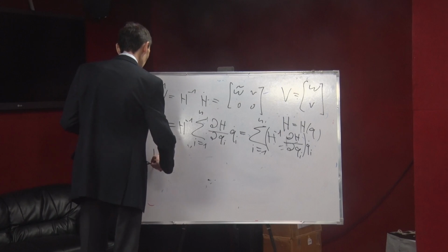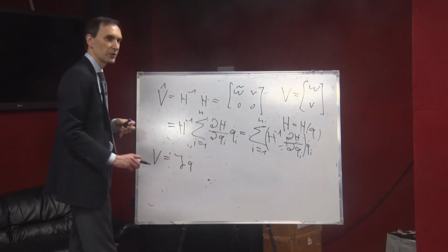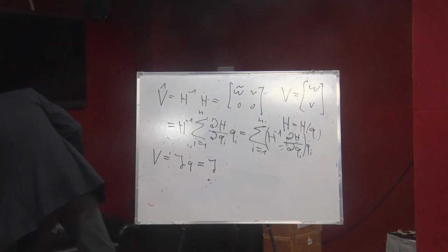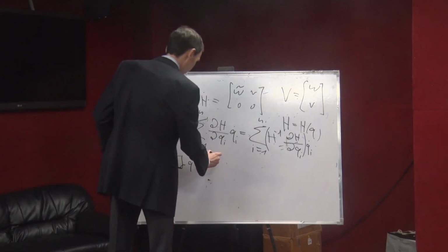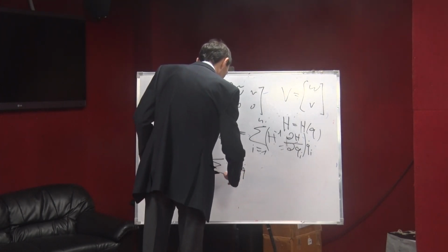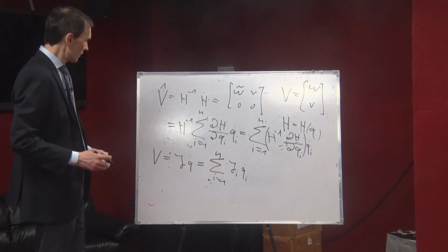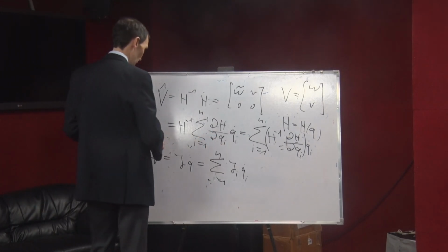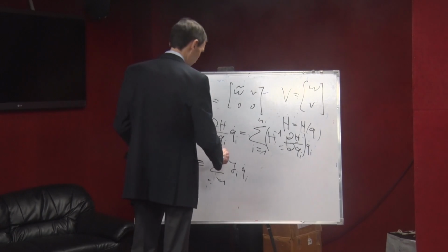Exactly. So it's also true that V is J times q dot, and you can also write this as the sum of Ji qi dot, where i goes from 1 to n. This is the 6-vector thing, and if I plug this into this 4 times 4 matrix, so I make a hat on top of it, then of course we can do this.